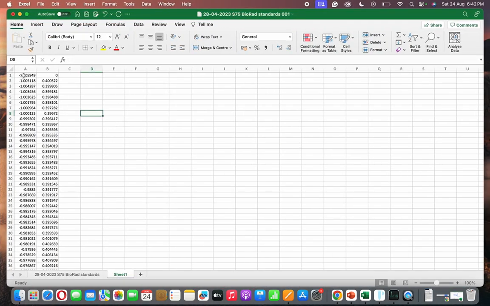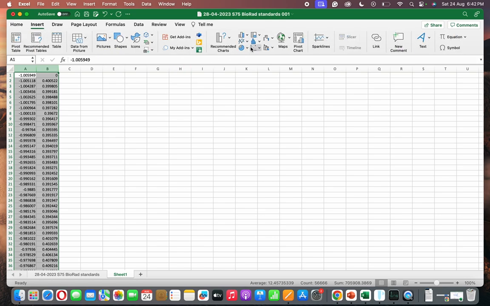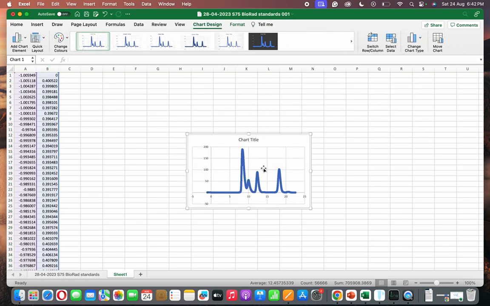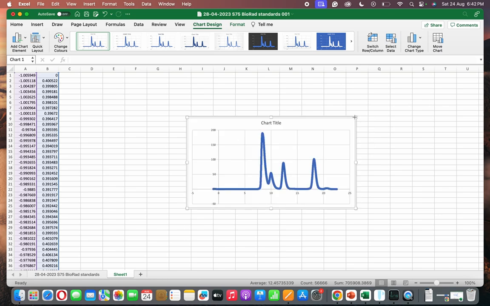Okay, so if we try to plot this data, you'll see I'm only getting 4 peaks, right? I should be getting more than 4 peaks because I have 5 proteins. But because the exclusion limit of this column is 70 kilodalton, the first 2 peaks are coming together.